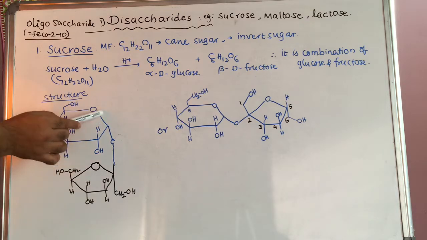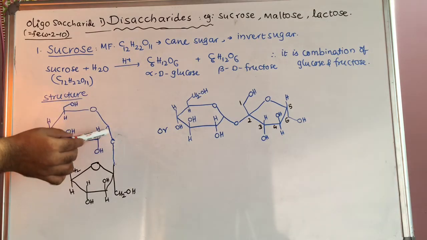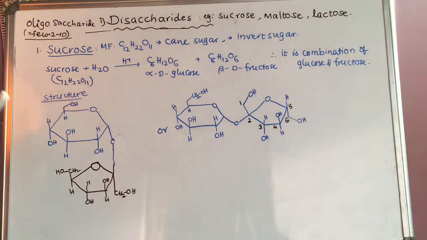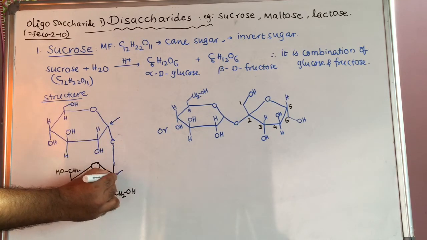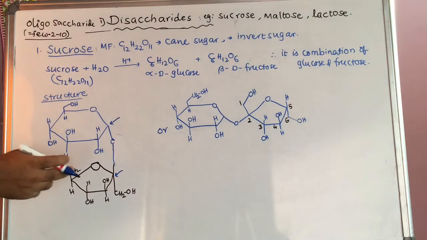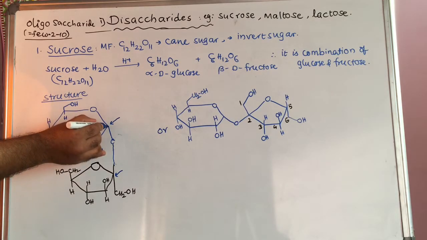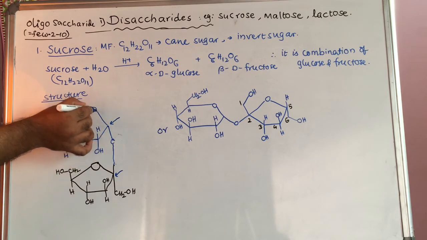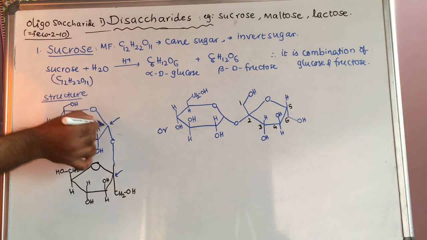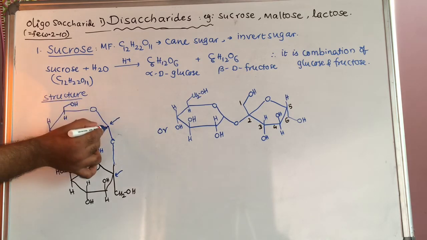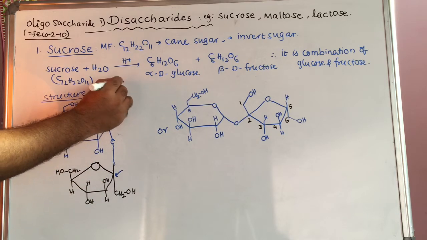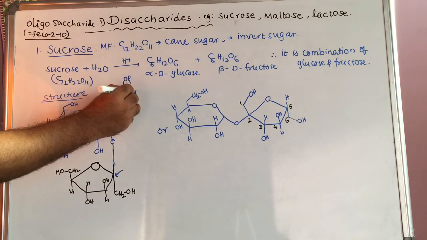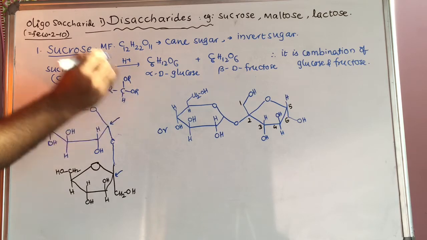Now if you observe this structure, this is the anomeric carbon, and here also this is an anomeric carbon. At this anomeric carbon, there is an oxygen and an alkyl group, OR, so this form R-C-OR is called the acetal form.